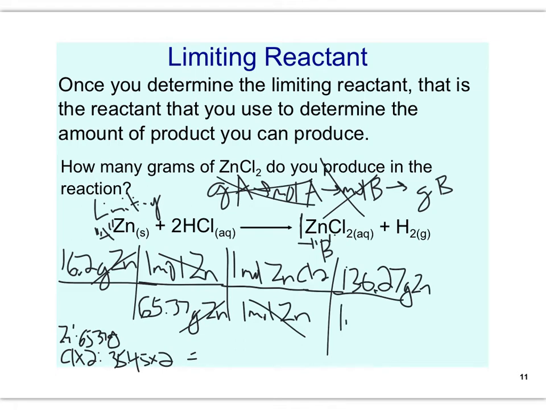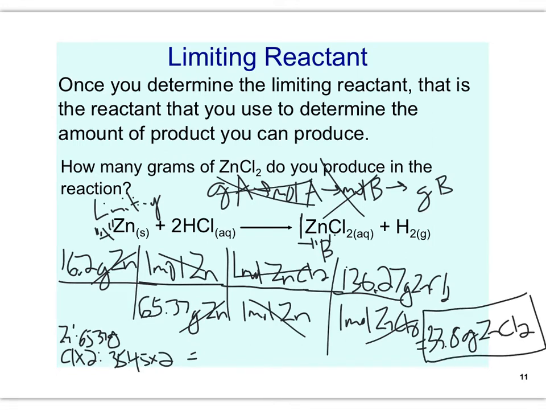And again, that's always per 1 mole. I should say zinc chloride, sorry. Moles of zinc chloride are going to cancel out, and when you plug this in, you find that you'd be able to produce 33.8 grams of zinc chloride.